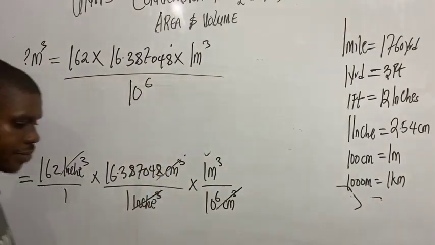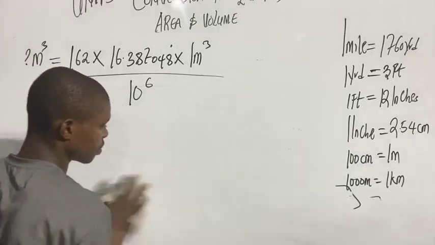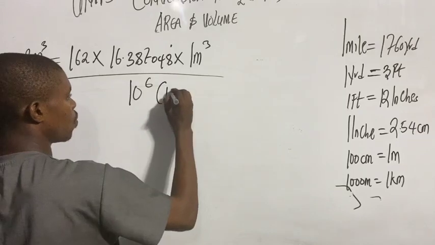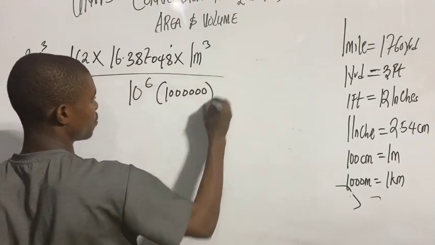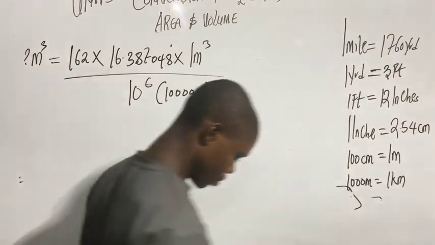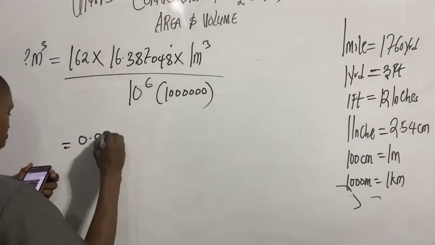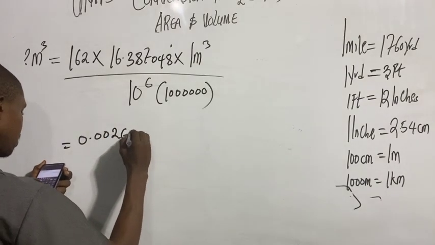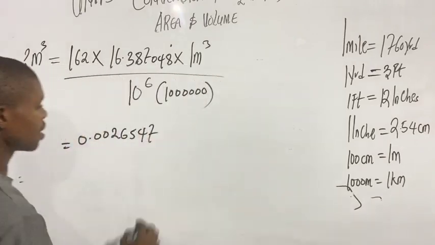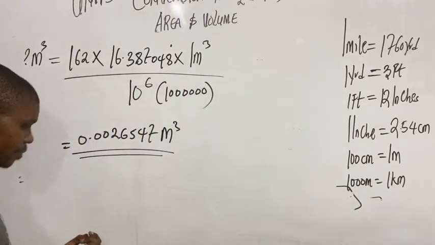You see that? So you just punch it on your calculator here. Now this one is also the same as 1, 2, 3, 4, 5, 6 zeros. Do you understand? So it's going to be 0.0026547. That will be the answer, meter cube. That is the answer.